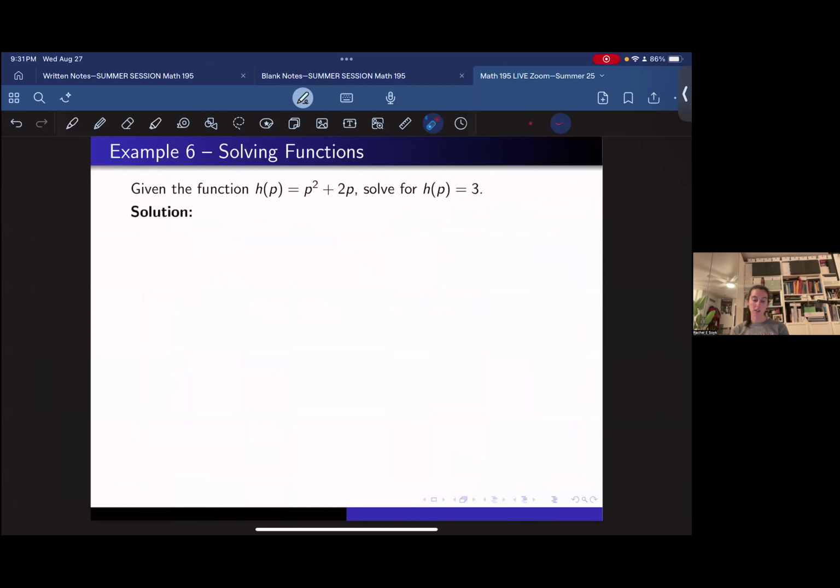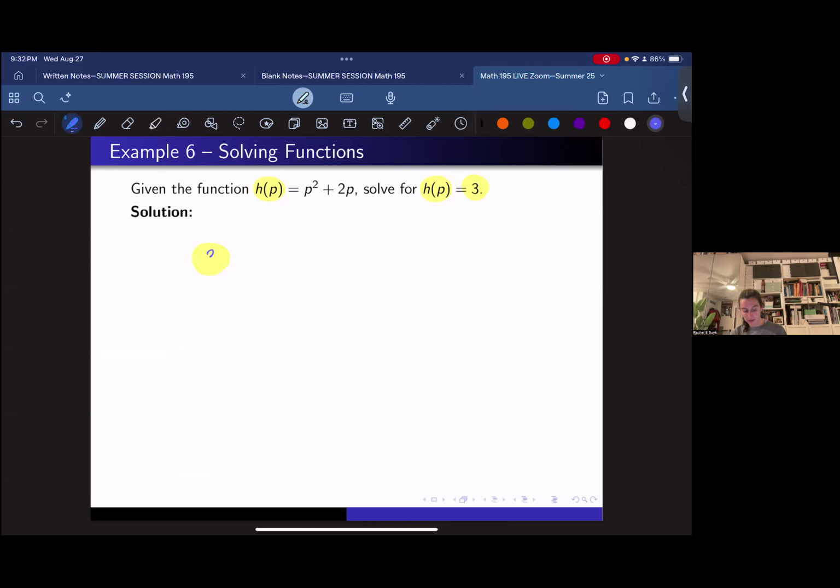Example 6. So in this example, we are given a function and now we want to solve for all of our possible input values, aka all of our possible p-values. So let's do some substitution. Our h of p is the same as 3.